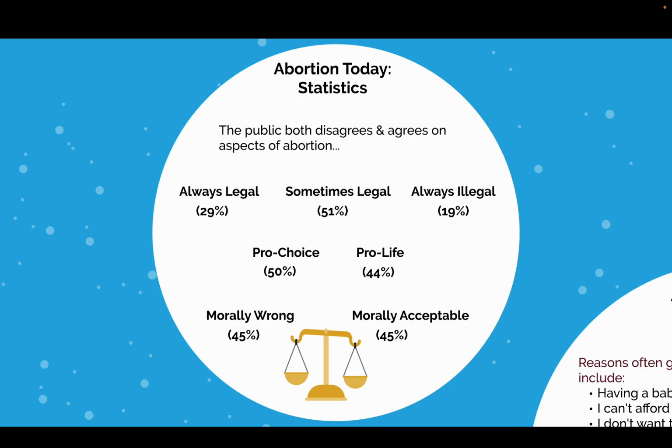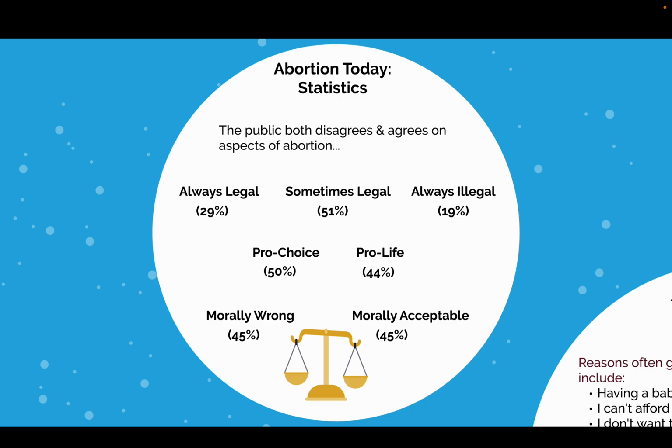And so that's a very, like, we have 51% in the gray category, with 29% always legal and 19% always illegal. So there's overlap there.